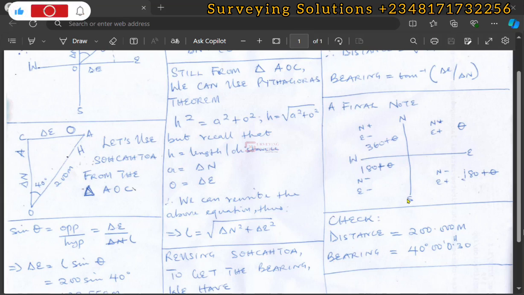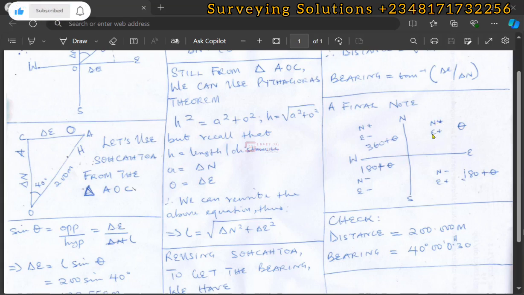South is negative north, therefore your north is negative, and west is negative east, therefore your easting is also negative. Finally, in the fourth quadrant, we are still at the up and then on the left. It is bounded by the north and the west, right? It means that your north is positive and your east is negative, because it's towards the west, right?